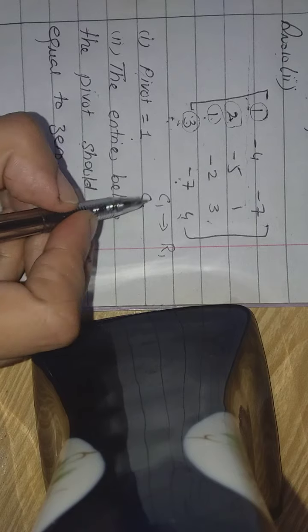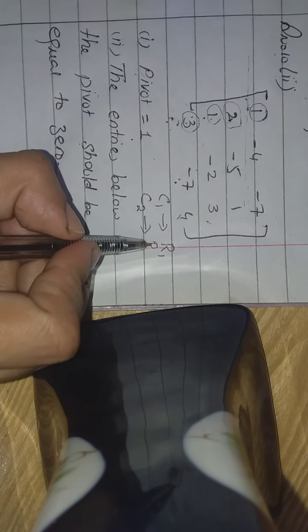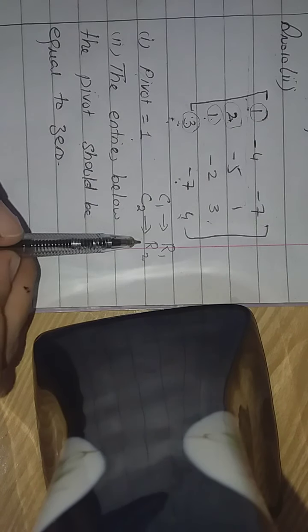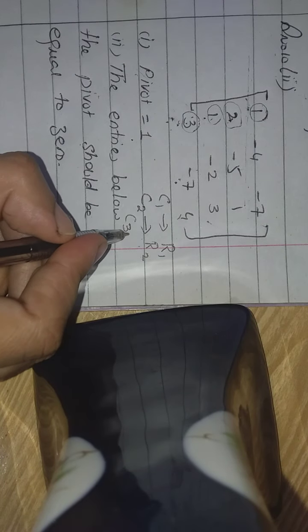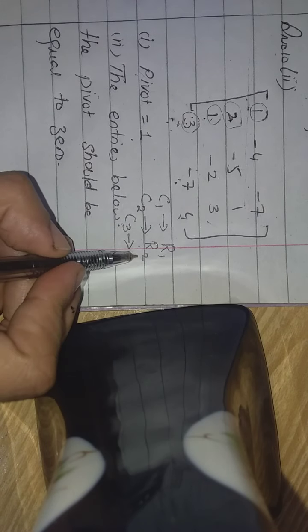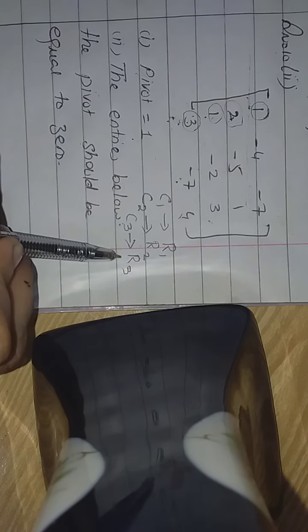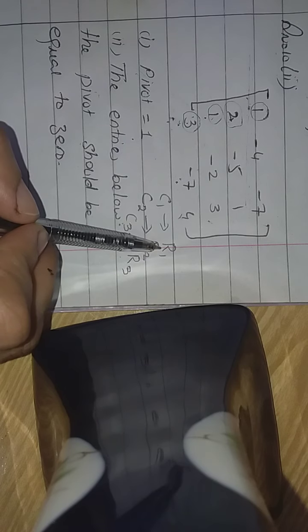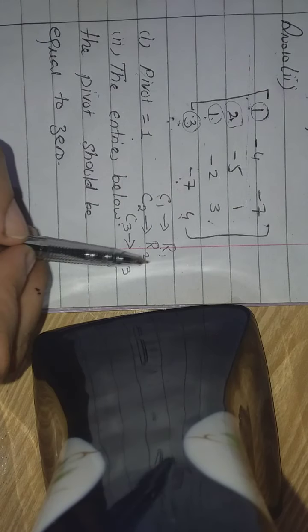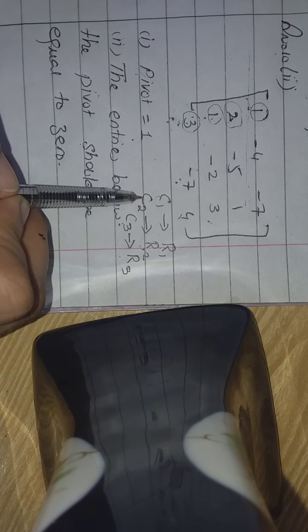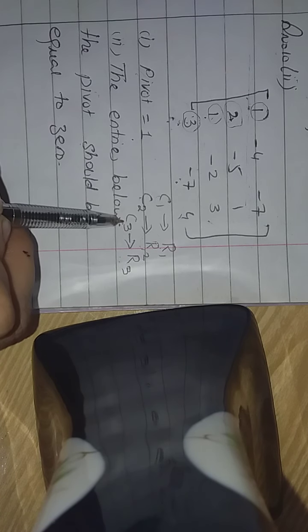And when we want to make zeros in column 2, we will make use of R2. Similarly, when we go to column 3 and want to make zeros over there, we will use the multiples of R3, and so on. This is the main thing that you have to remember: the multiples of R1 will help us to make zeros in column 1, multiples of R2 will bring zeros in column 2, and multiples of R3 will bring zeros in column 3.